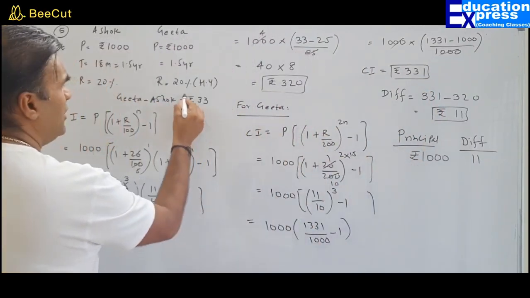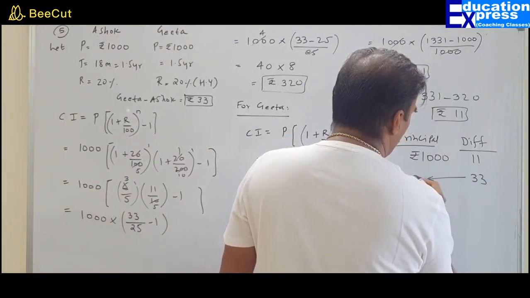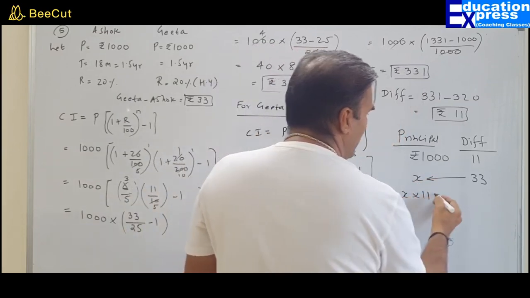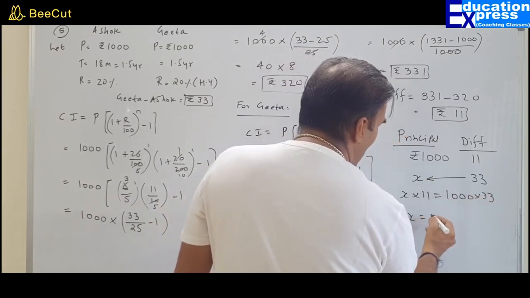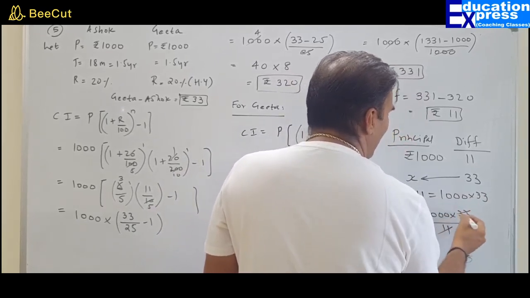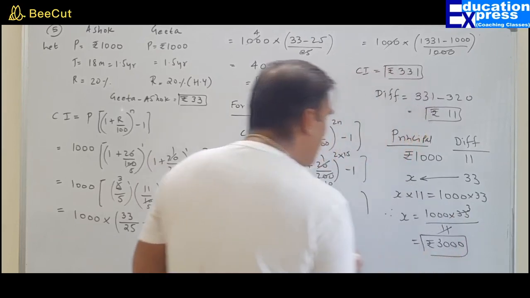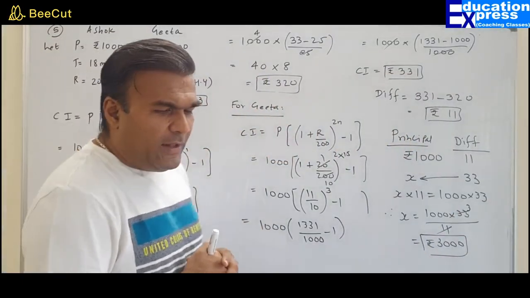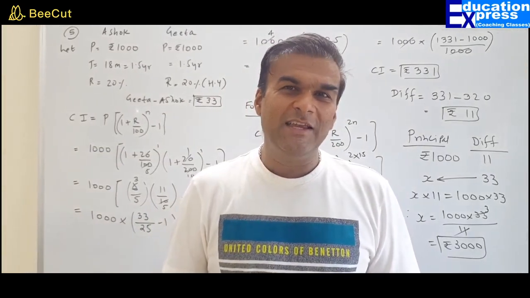But it is given in the question that Geeta got 33 rupees more. So the difference is 33. What about the principal? Again we can do it by unitary method. X into 11 equals 1000 into 33. Therefore, X equals 33 upon 11 into 1000, that makes it 3000 rupees. So what must be the principal amount to get a difference of rupees 33? The investment amount of Geeta and Ashok both would have been rupees 3000.